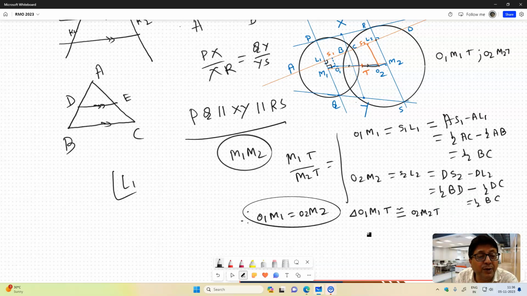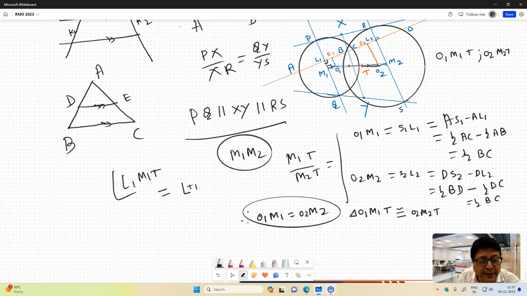angle L1M1T, not O, must be equal to what? Transversal, this angle TM2S.